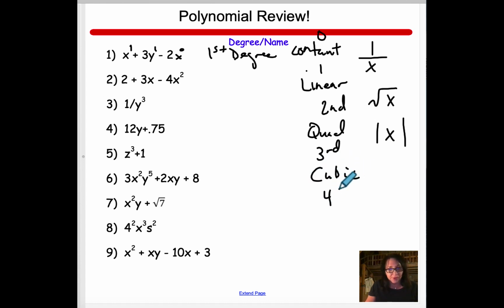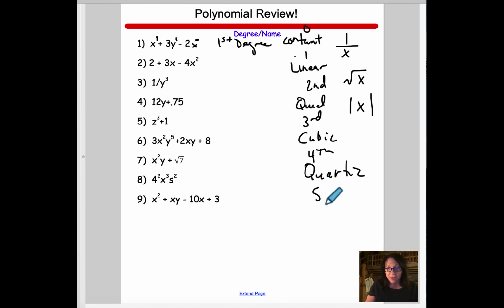Fourth degree, those are quartics. Fifth degree, which is quintic. And anything above that, we don't have a name for, so you just call it like a 6th degree polynomial.